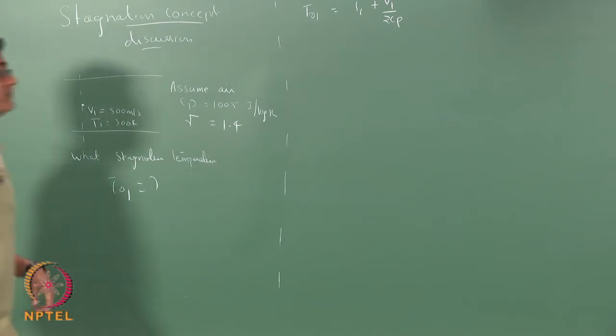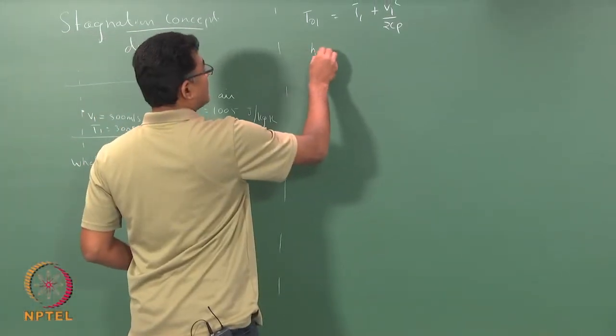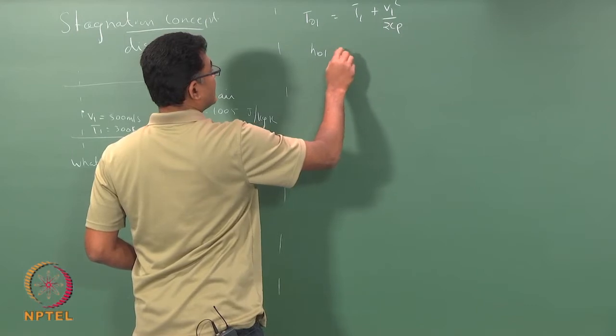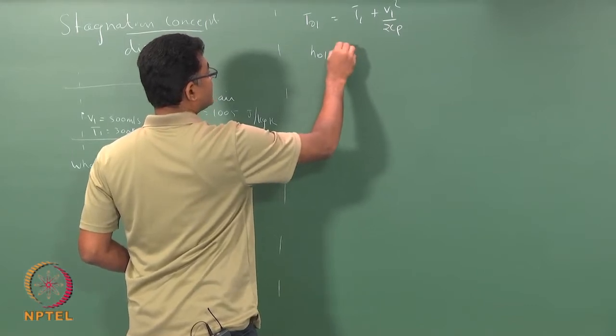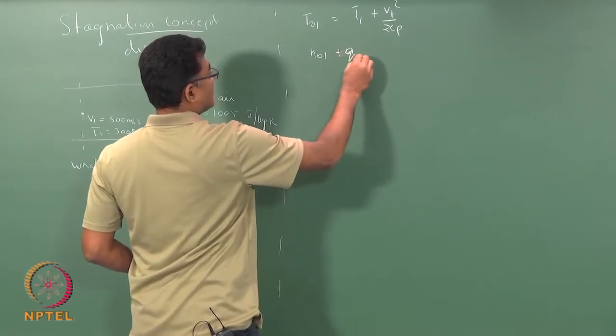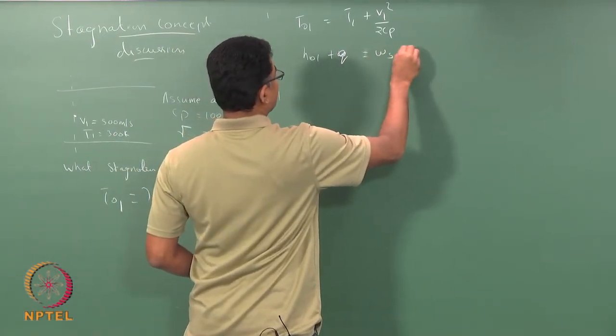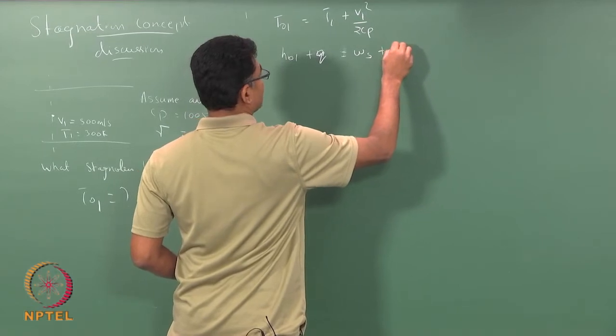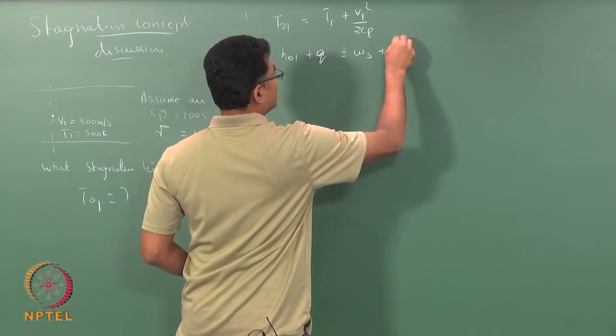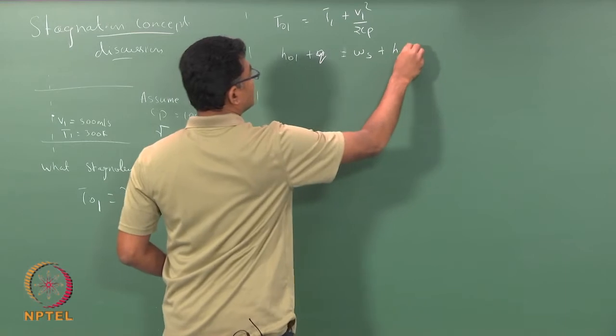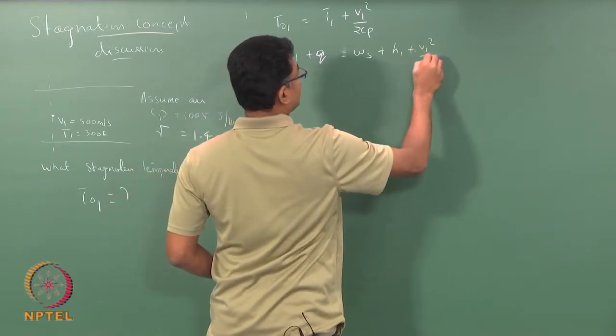This we obtained from the enthalpy equation, the energy equation: Qs equals Ws plus H1 plus V1 square by 2.